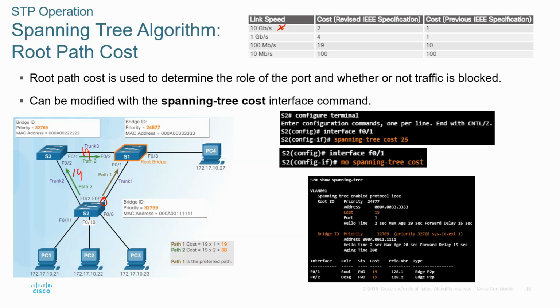And then at the bottom, you have the states of the ports in S2. You have Fa0/1. It is actually the root port, and it is set in the forwarding state. And then you have Fa0/2. It is the designated port, and it is also set in the forwarding state. You have to remember that if you have the link, as you see in the figure on the left, between S2 and S3, one of them will have the designated port and the other one will have a blocked port.